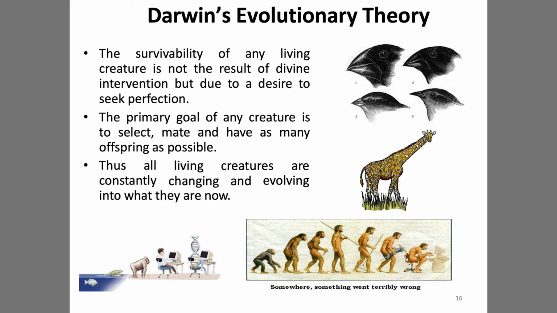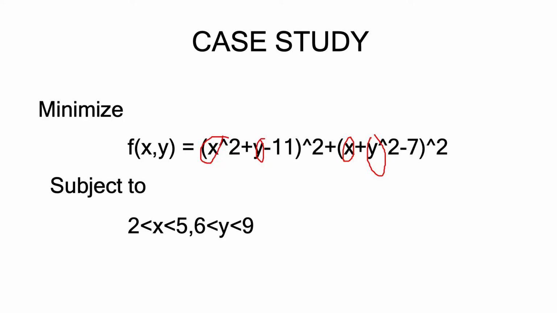The primary goal of any living creature is based on food behavior and mating behavior. So accordingly, the evolution process is going on. This is the basic principle of Darwin's evolutionary theory, and it has inspired solving optimization problems, that is, the survival of the fittest.